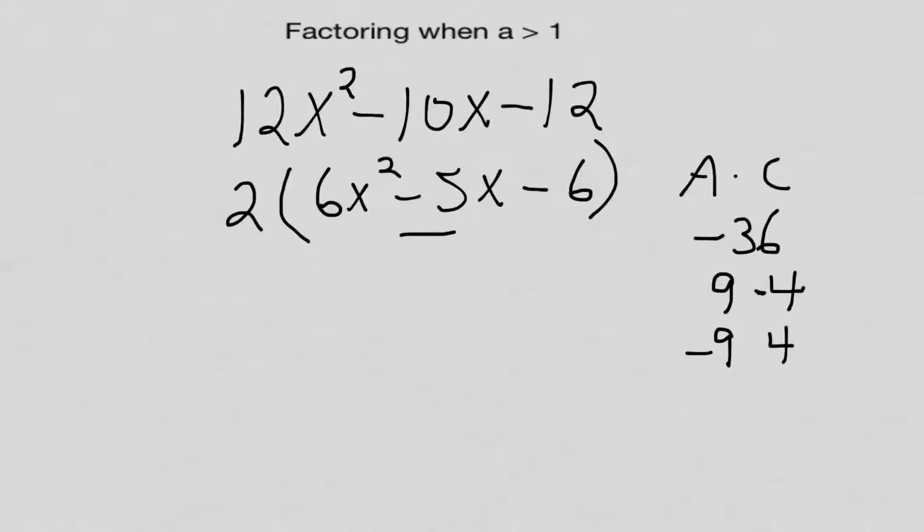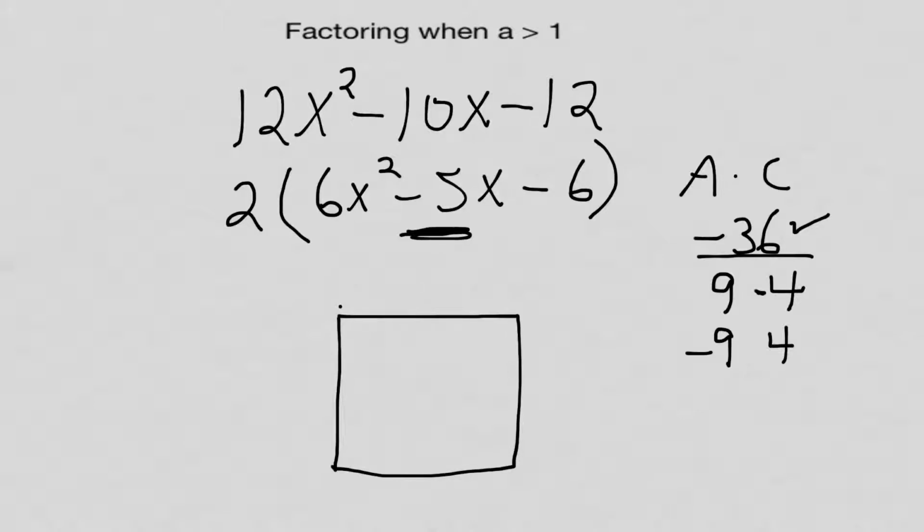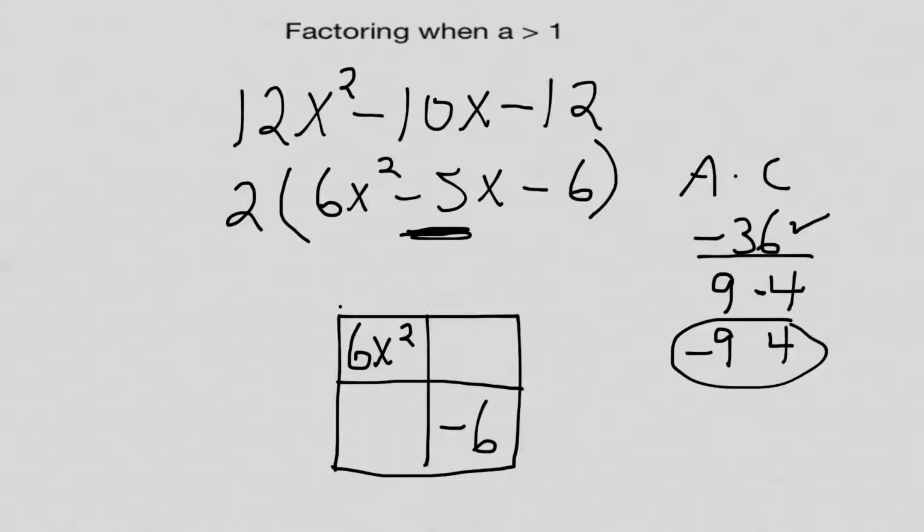I've already found the set that I want. -9 times 4 equals -36. -9 plus 4 adds together to give me -5. All right. So now I'm going to go to my box method. I've got all the numbers I need to fill in my box. From my initial equation inside the parentheses, I've got 6x squared. I bring down my -6. I've got the set that I wanted.